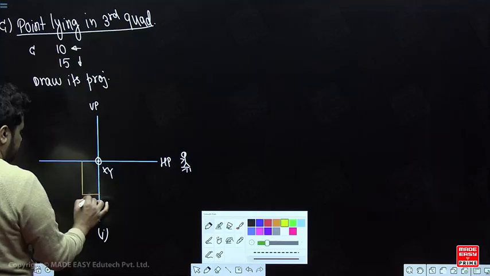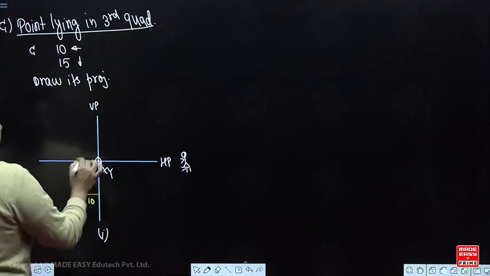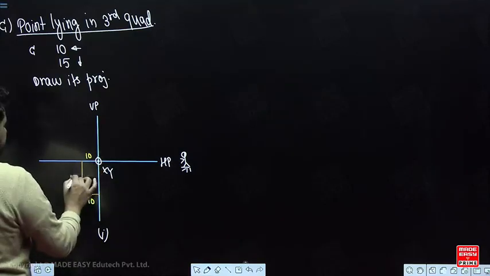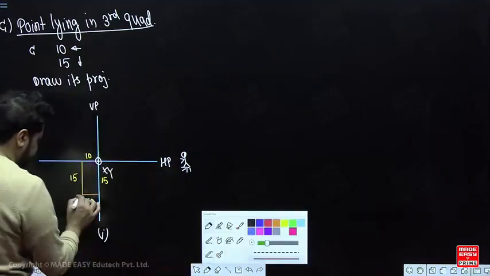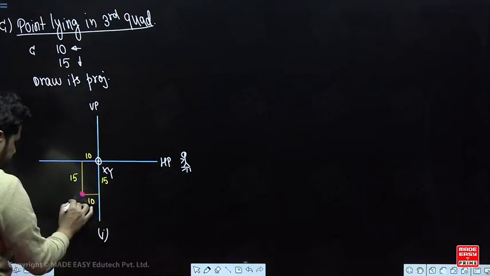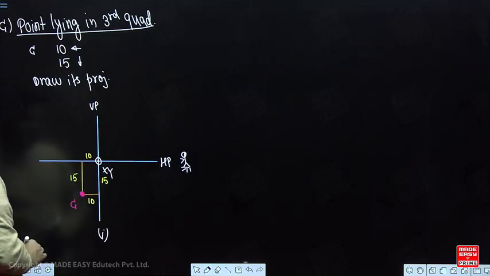So this is your 10 mm behind, 15 mm below. There is a point over here. This point is capital C. Let us say I am drawing C.